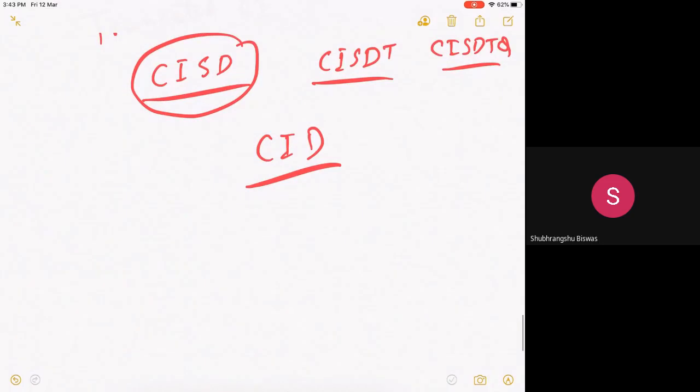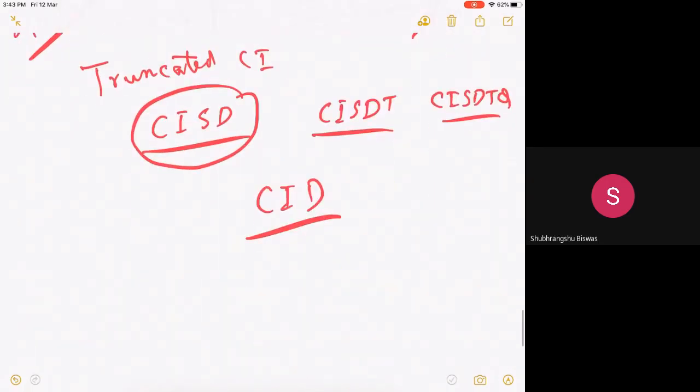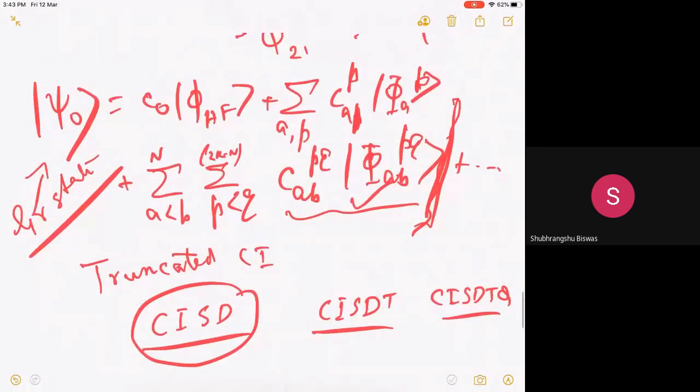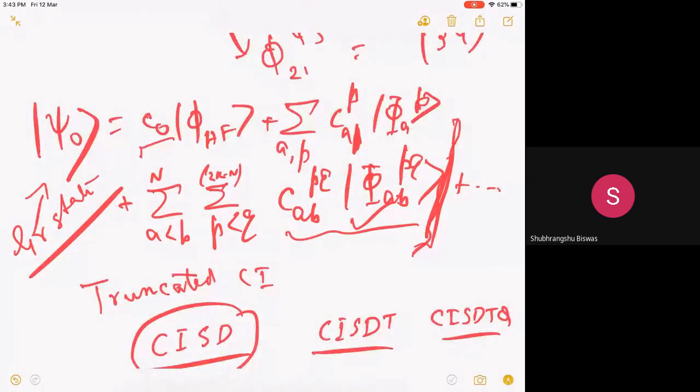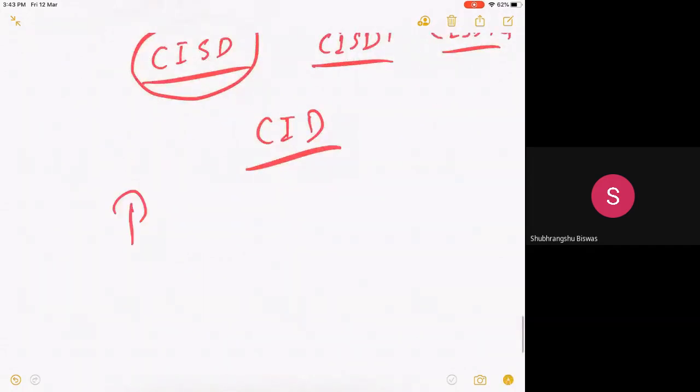Can I proceed? So now what is the most important question? The question that we'll ask: how do I calculate the coefficients? Whatever is my full CI or truncated CI, the parameters that I have to calculate, or vary, are the coefficients.